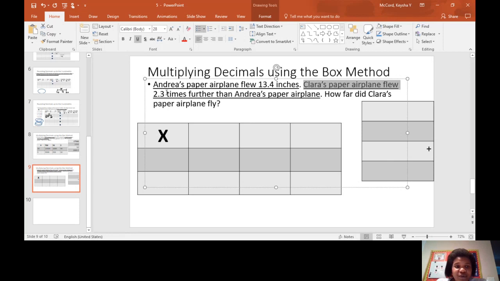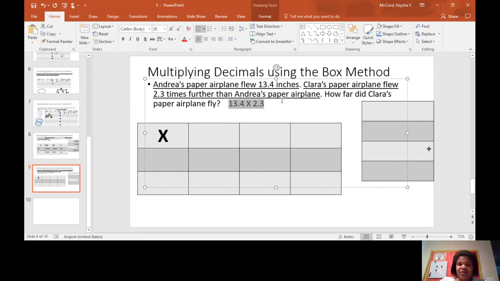Well, I know right here, the word times is a clue word. I'm going to be multiplying. So I'm going to multiply 13.4 times 2.3. So I'm going to put this number inside of my box. Now, just like we did in the previous problem, I'm going to decompose my numbers.